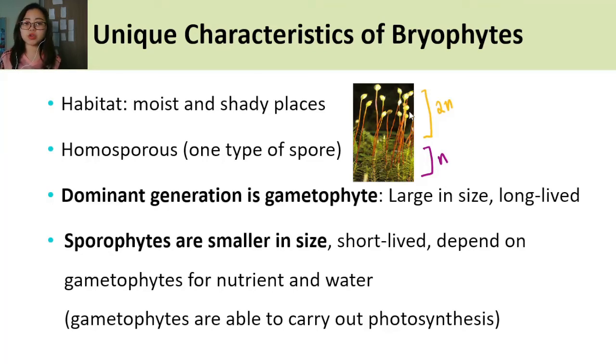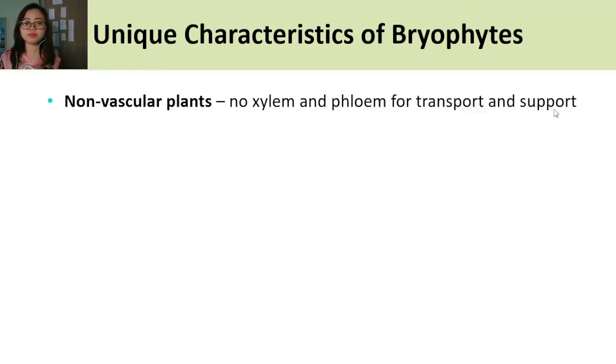Bahagian yang kuning-oranye itu adalah dia punya sporophyte generation. Kalau kita tengok dia punya gametophyte generation yang purple itu akan lebih besar, hidup lebih lama, dapat buat fotosintesis. The yellow one, which is the sporophyte generation, lives only for a short while and then it depends on the purple part. All right, so moving on.